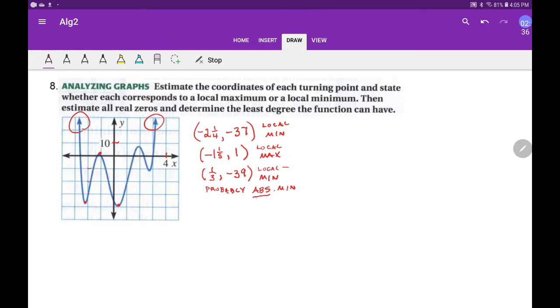Where else is it going to be low? This is an even function. They're both going to positive infinity in the extremes, so this is as small as we get. I'm going to say it's a local minimum, but it's also an absolute.